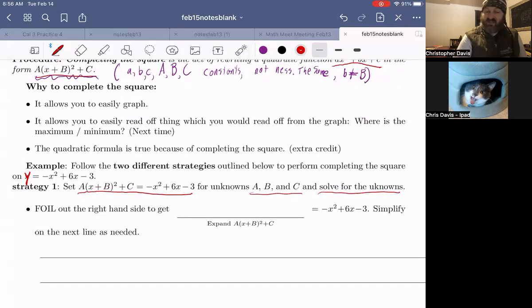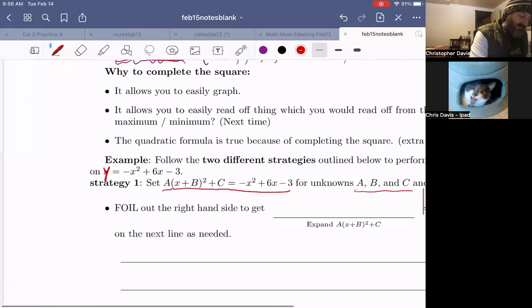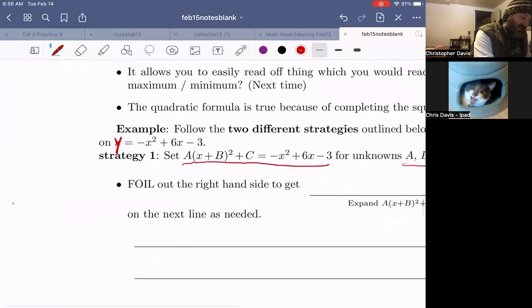So step one, I think I'll expand out the right-hand side. So let's start by FOILing. And if you need the review of FOILing, let's do that off to the side. x plus b squared, right? That'll be x plus b multiplied by x plus b. This is x squared. Right, so how do you FOIL?